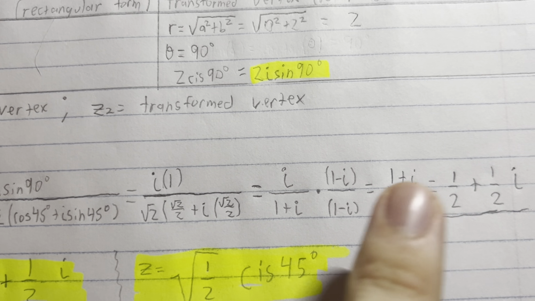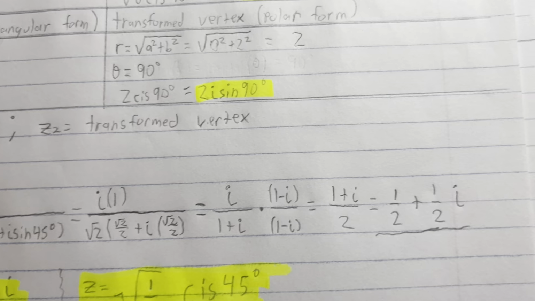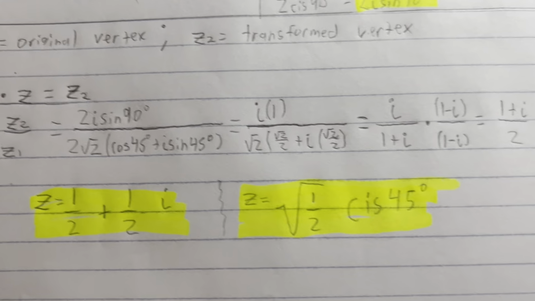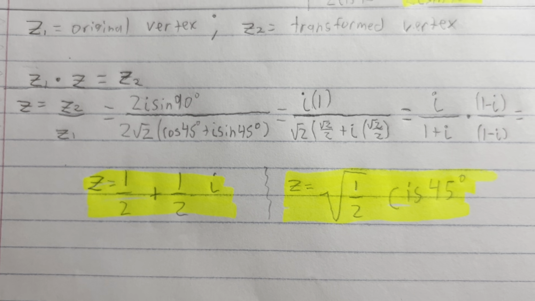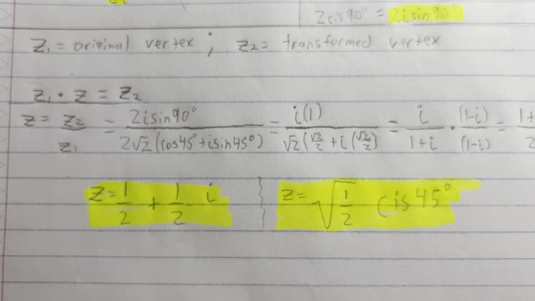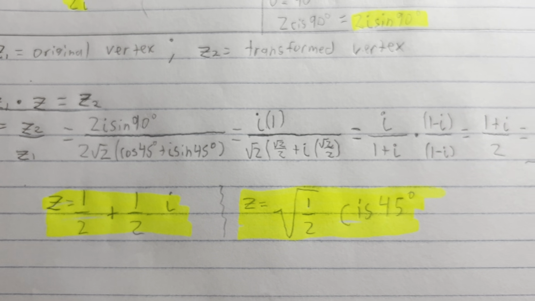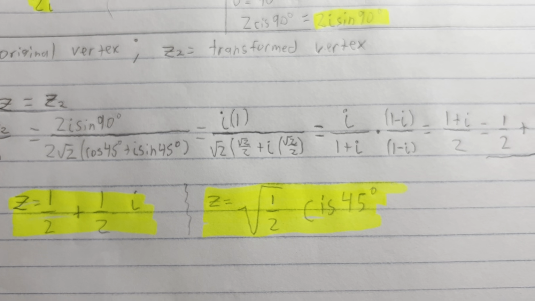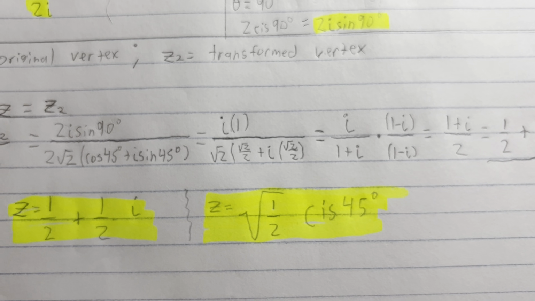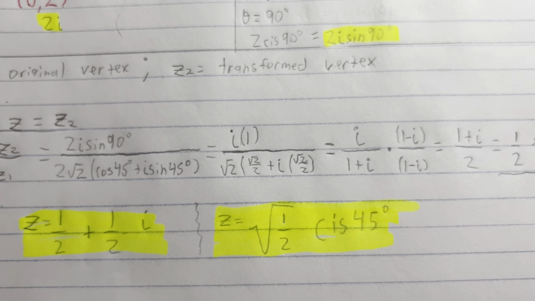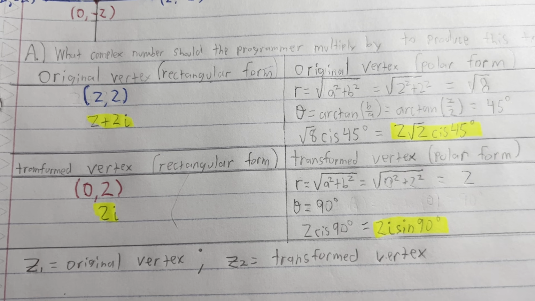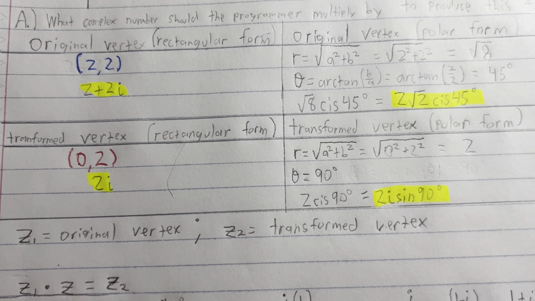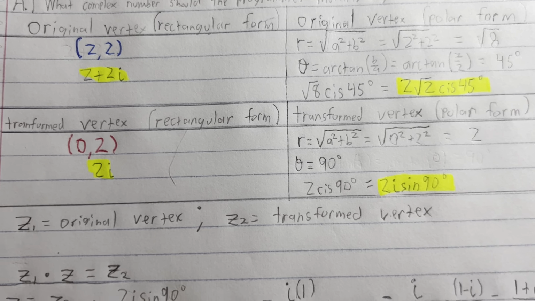Right here I multiplied by the conjugate, and I ended up with z equals 1/2 plus 1/2 i. That's the answer for z in rectangular form. And then in polar form, it's z equals the square root of 1/2 times cis 45 degrees. So that is what the original square needed to be multiplied by in order to get transformed into the new square.